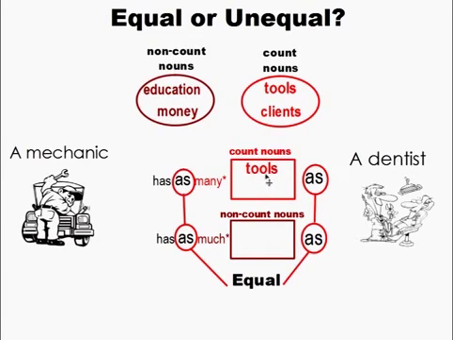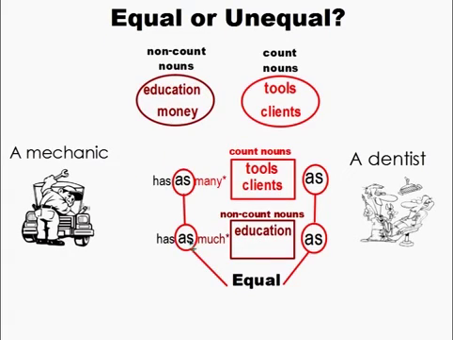Again, many for the count noun tools. A mechanic has as many clients as a dentist, right? So this means that a mechanic and a dentist are equal in the amount of tools and the amount of clients they have, okay?